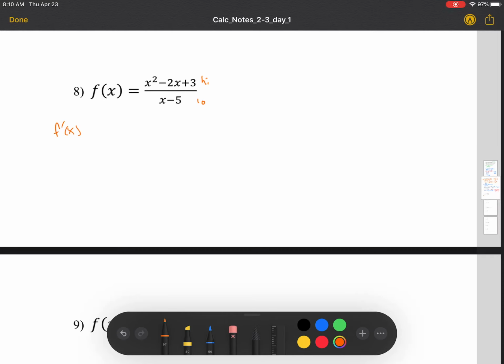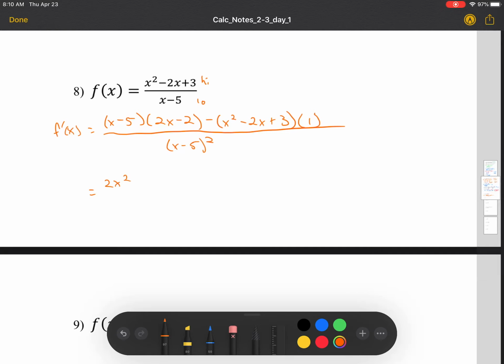So we got our high, we got our low. So we're taking the derivative. All right, it's going to equal our x minus 5, 2x minus 2, minus x squared minus 2x plus 3, times 1 all over our x minus 5 squared.